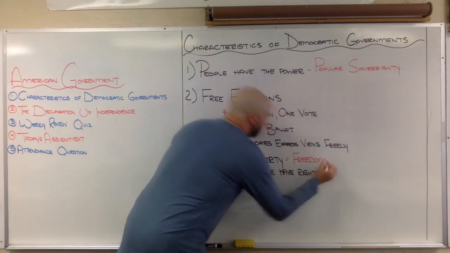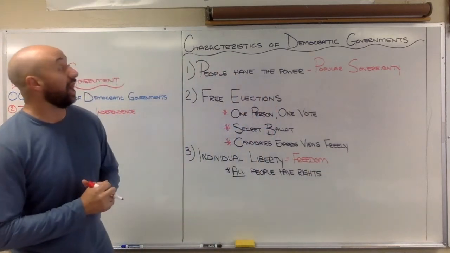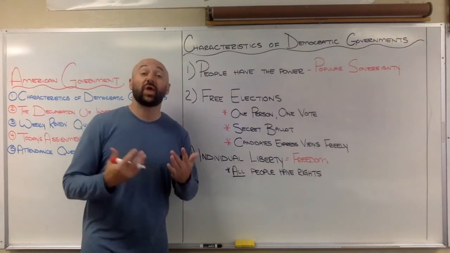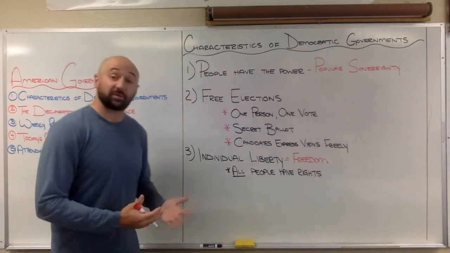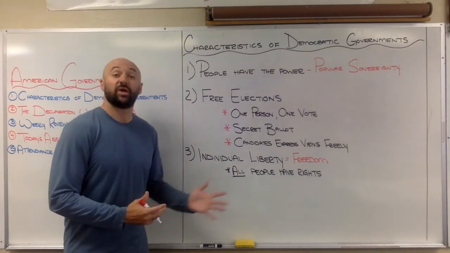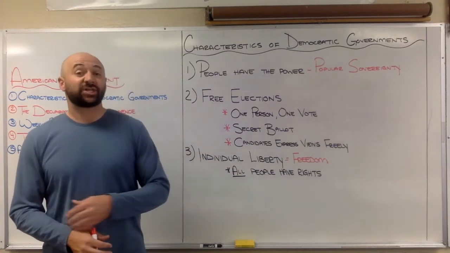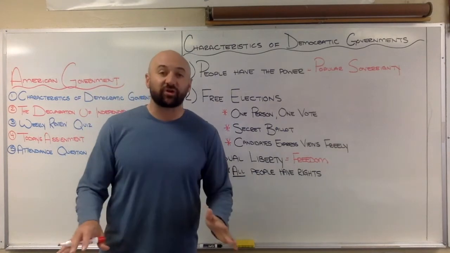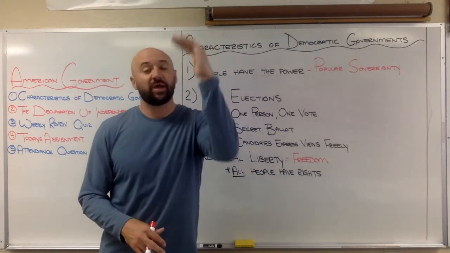Of course, you cannot have a democratic government without freedom. The people have to be free. And basically, we're saying that all people have rights. Not just the rich, not just the powerful, but everybody from the top down.